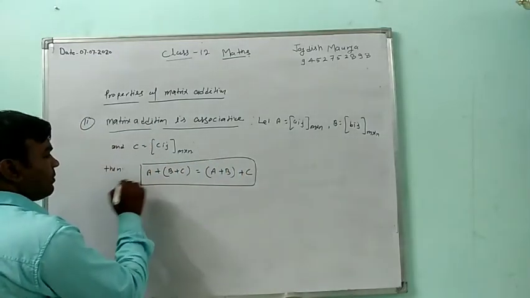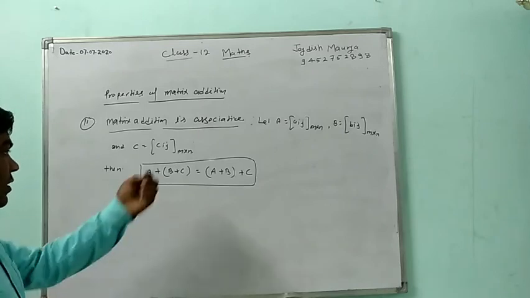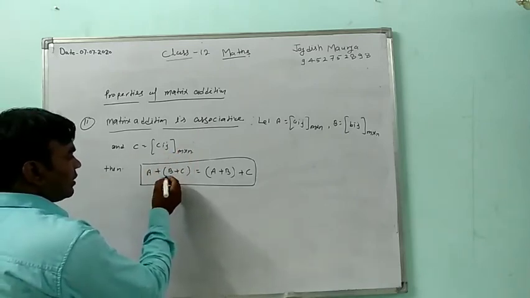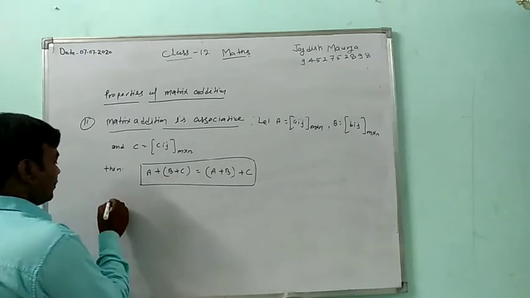This is the associative property. For the proof, here first we add B plus C.